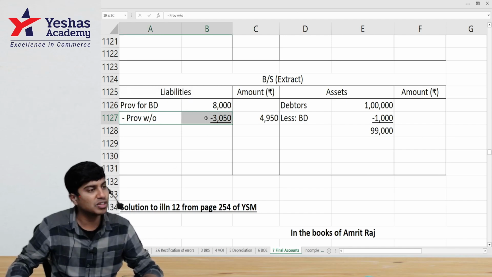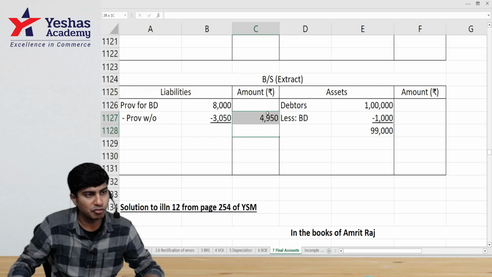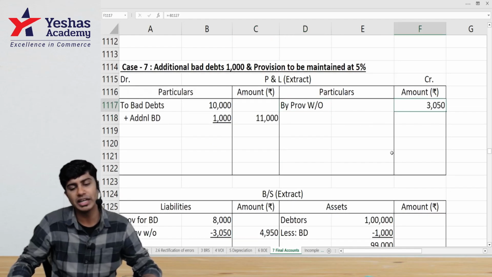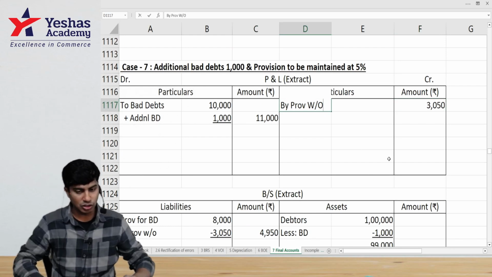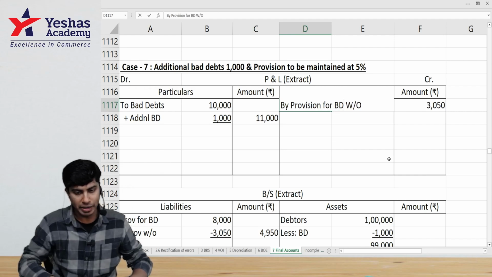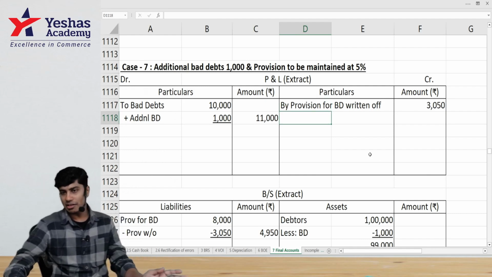This 3,050 reduction in our provision of 8,000, reducing it to 4,950, is an income. I'll write it in my profit and loss account credit side, provision for bad debts written off 3,050. By this, we are done with everything.